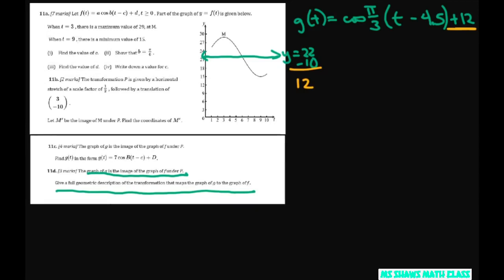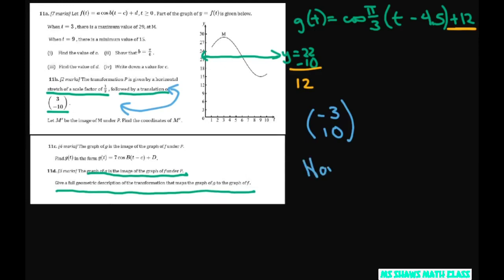So remember before, we did a horizontal stretch scale factor of 1/2, followed by the translation of 3, negative 10. So you have to do the opposite, and you also have to go in reverse order. So you have to do the translation first, which is minus 3. We're trying to go back. So subtract 3, add 10, and then you do the horizontal stretch.